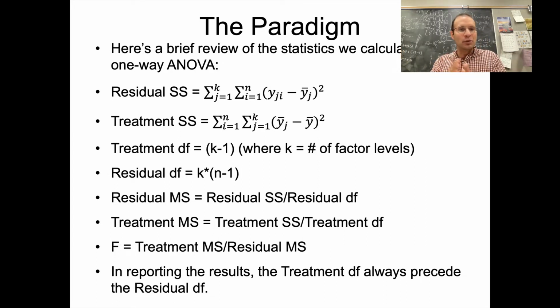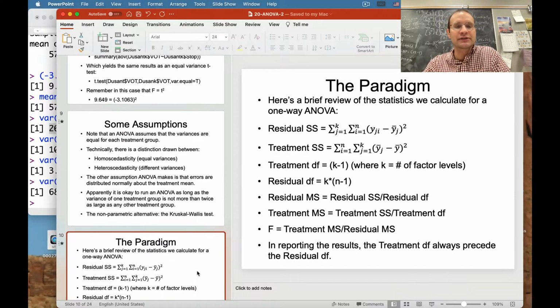If it's equal to 1, you're predicting as much variance as is random. If it's 2, then you're predicting twice as much variance as is random in the data, and so on. So we're always calculating the F ratio this way, even though mathematically it could work the other way as well. Since we're only doing it in this one-tailed fashion, when you report the results, the treatment degrees of freedom will always precede the residual degrees of freedom.